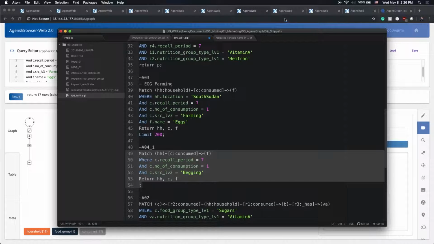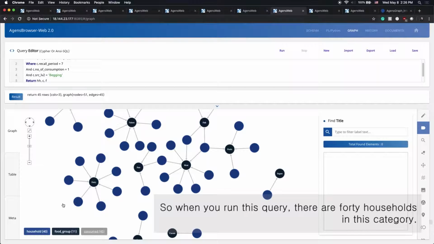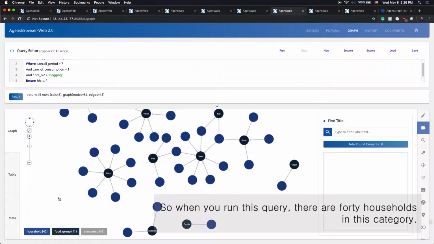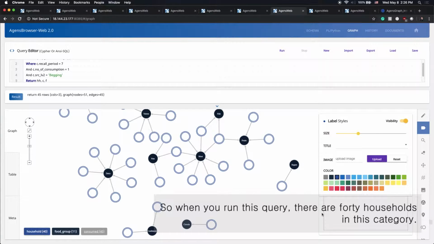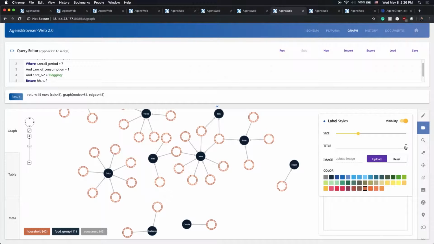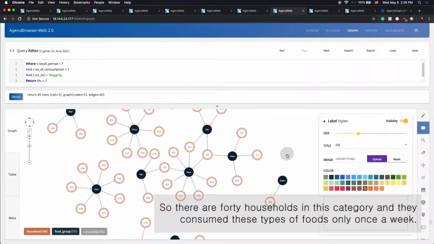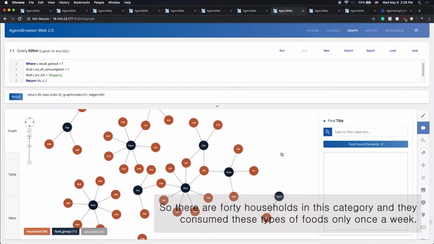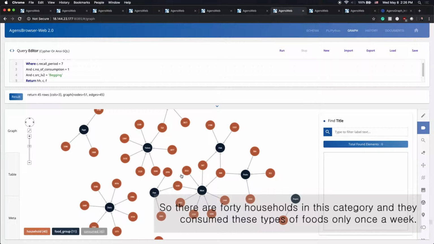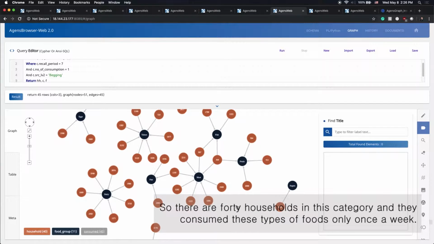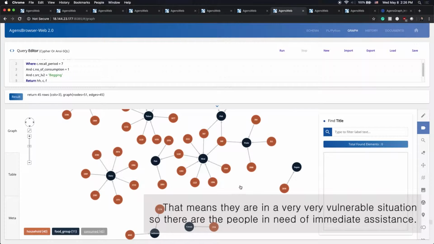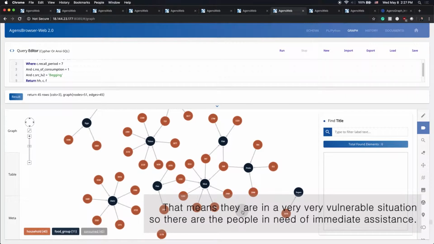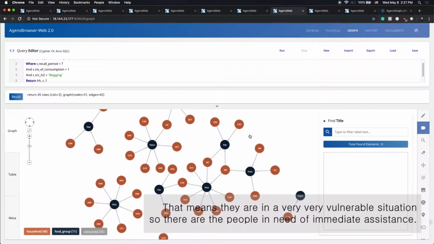When you run this query, there are 40 households in this category, and they could consume this type of food only once a week. That means they are in a very, very vulnerable situation. They are the people who need immediate assistance.